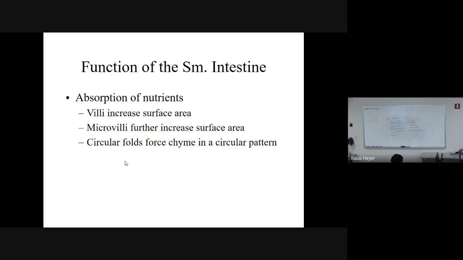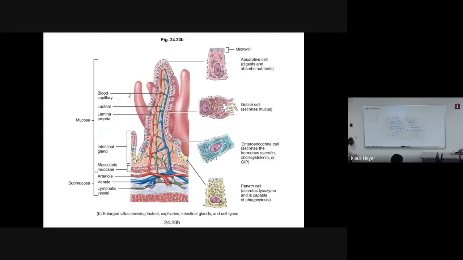And then if you look at the villi, it's hard to see, but look at this cell. They've got little villi on top of them. Here you can see the villi, but if you look under a microscope, even a high power microscope, it looks like a brush. That's why I'm calling it brush border. You can't make out the microvilli, it just looks like a brush.